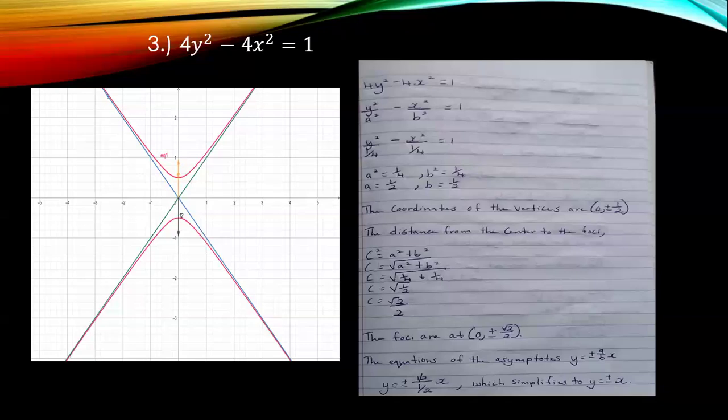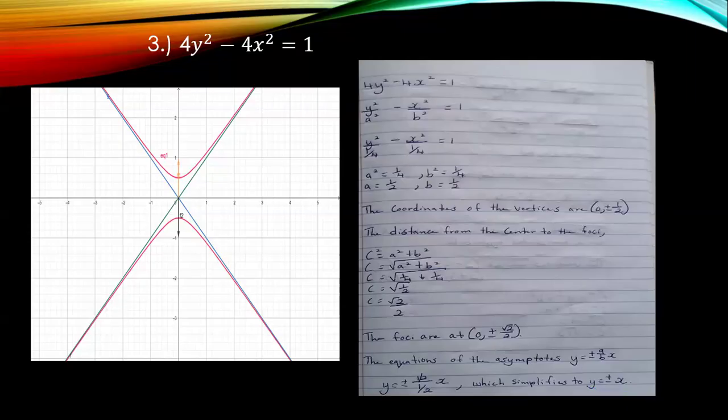Now the equation of the asymptotes, we have y equal plus or minus a divided by b x. So we know our a value is half and our b value is half. So these will cancel out, which will just give us x. We'll have y is equal to plus or minus x.